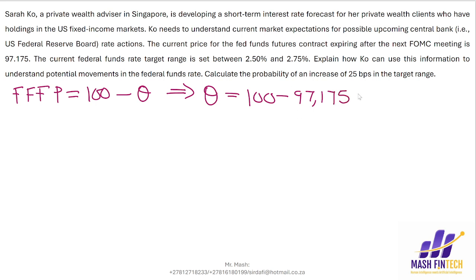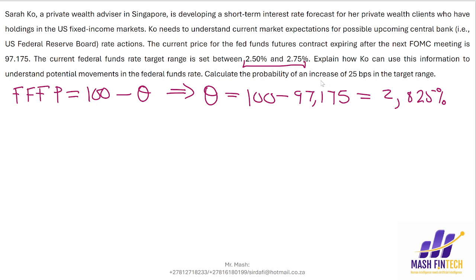You calculate this, you should get an answer of, what's the answer here? 2.825%. And then the current federal funds rate target range is between this is the current range, and they explain how KO can use this information to understand potential movements in the federal funds rate.